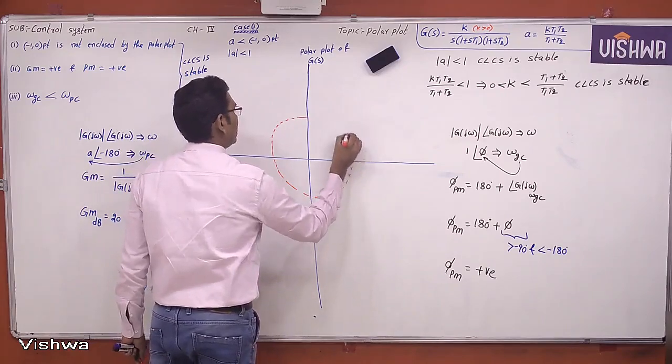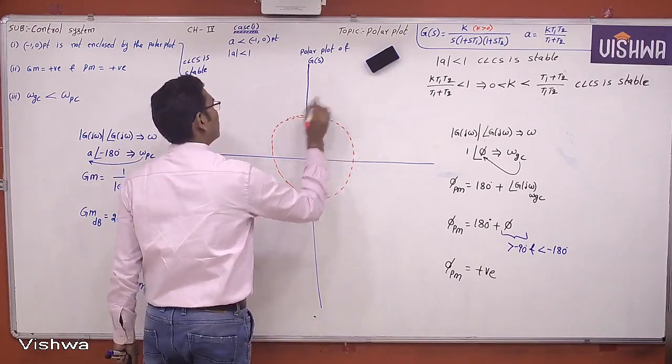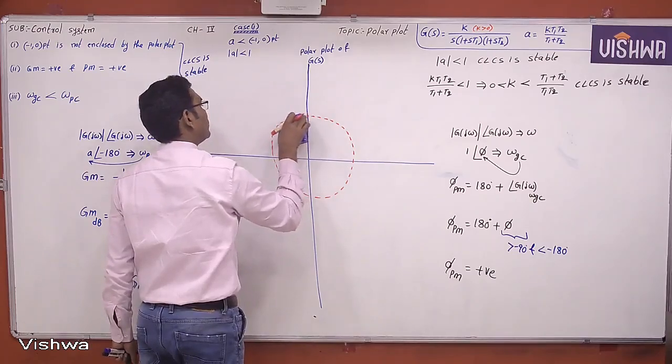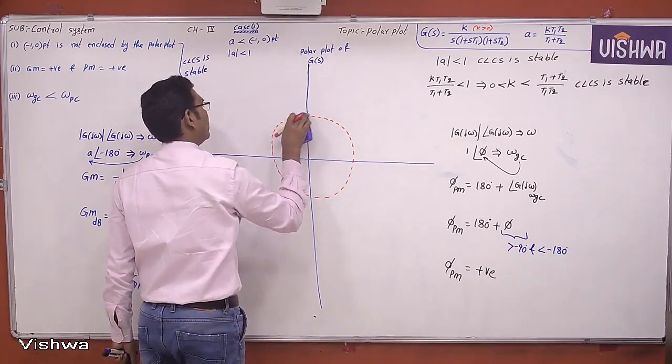Magnitude 1 circle means the point is given to you. Whenever he gives a magnitude 1 circle, the minus 1 comma 0 point is already given.